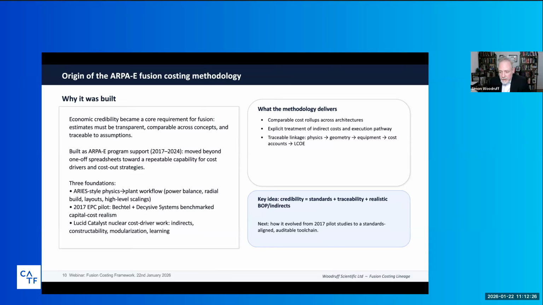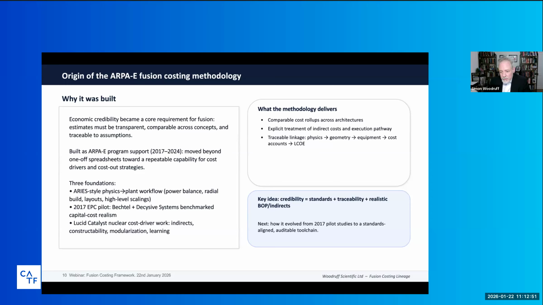And we published a series of papers, and in 2017, ARPA-E invited us to participate in a study with Bechtel. And Bechtel brought in as the engineering procurement construction company that could review the balance of plant and help us with the whole power plant costing.